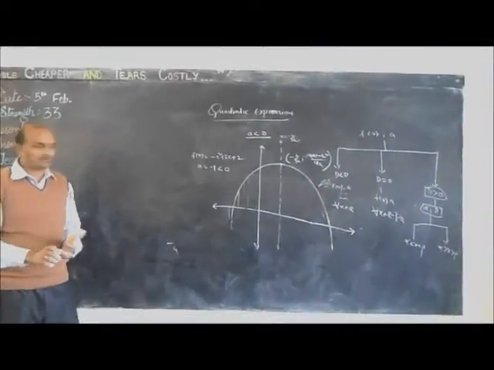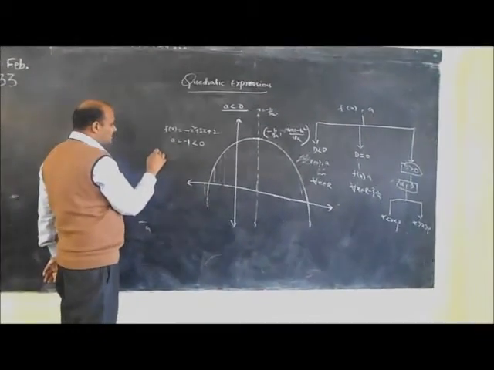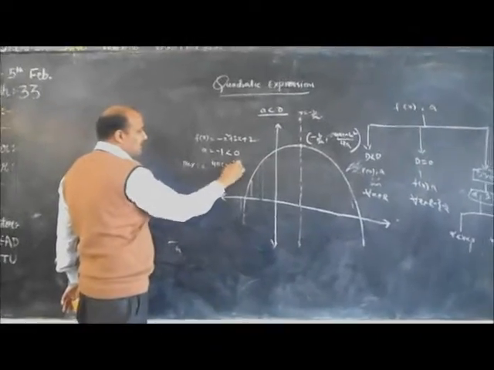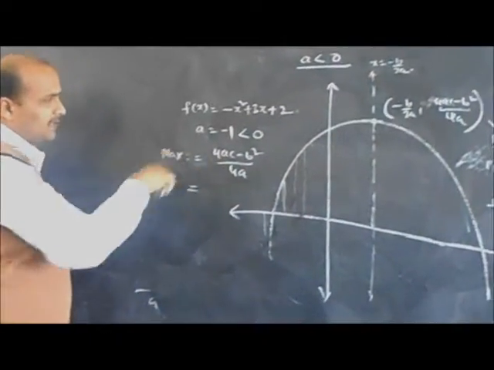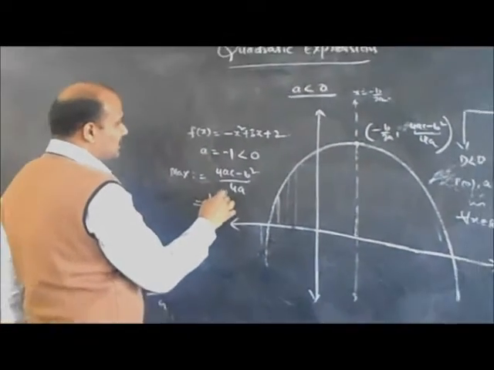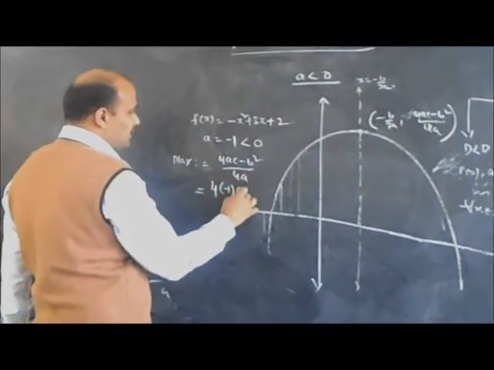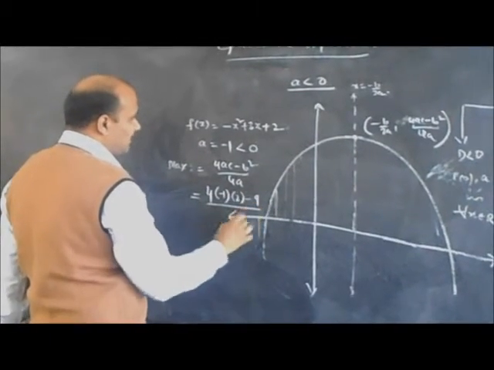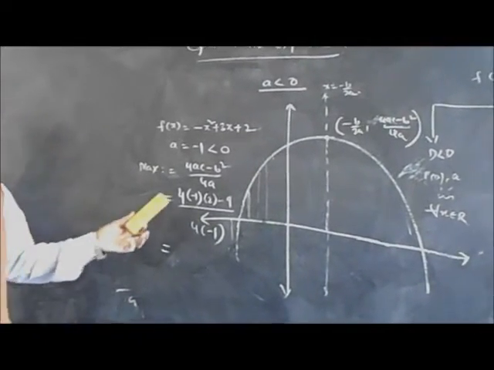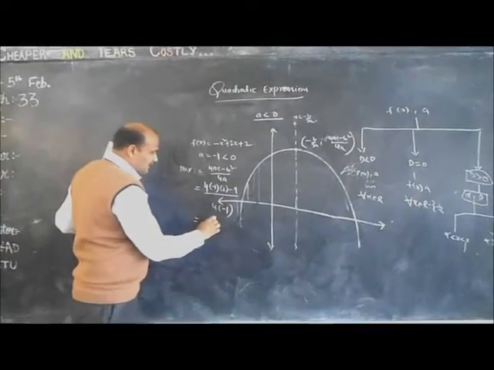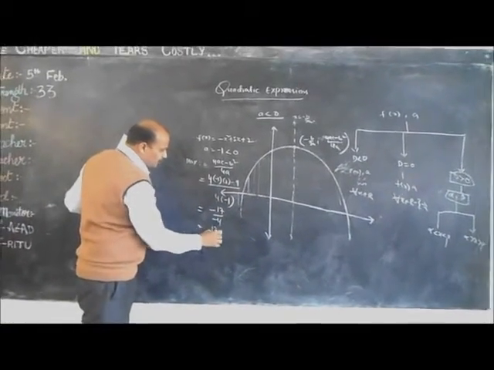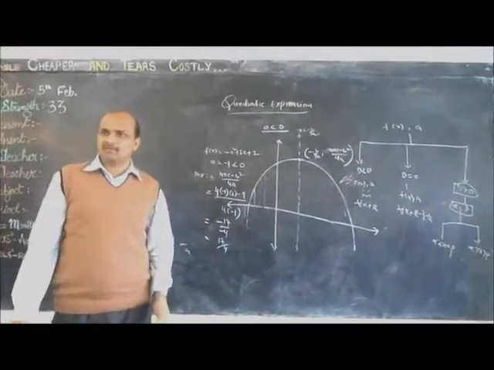So, this is the maximum value: 4ac minus b square by 4a. Substituting these values, 4 into a value minus 1, c value 2, minus 9, by 4 into minus 1. Minus 8 minus 9, minus 17 by minus 4 means 17 by 4. This is the maximum value of this function.